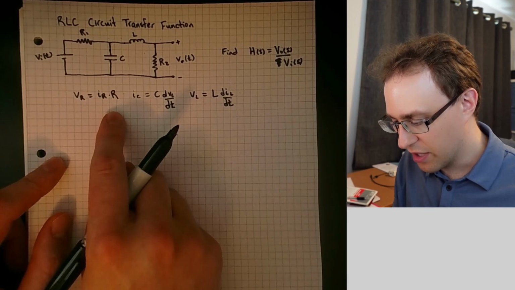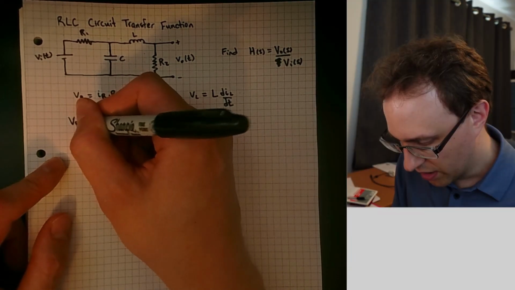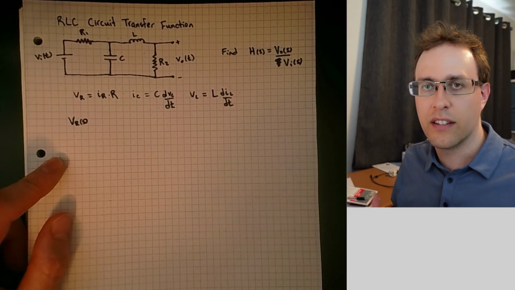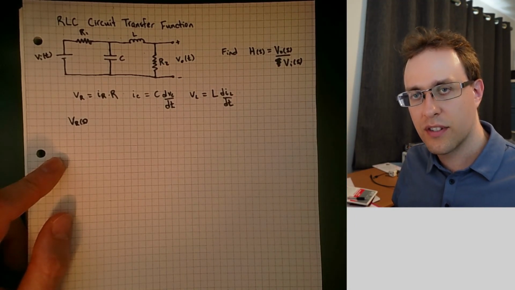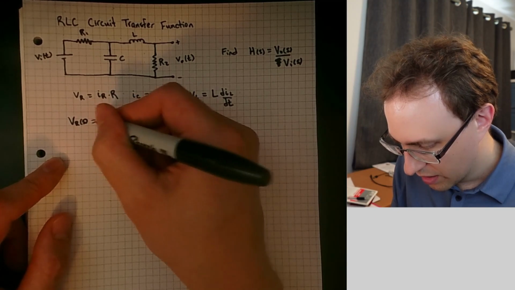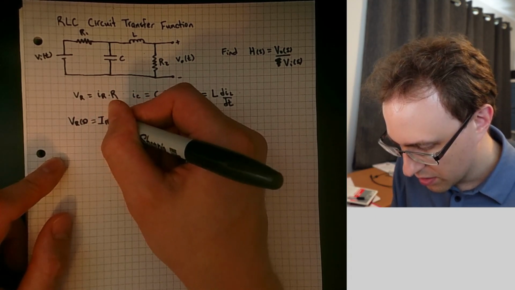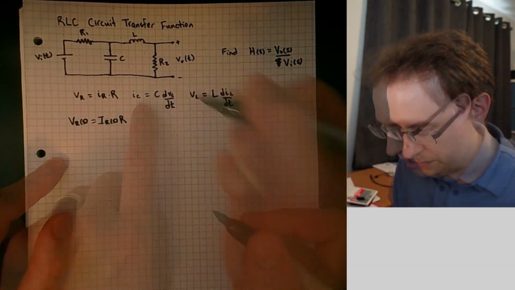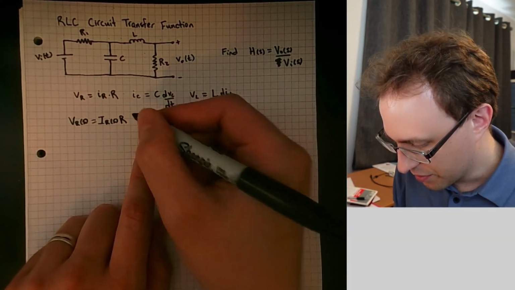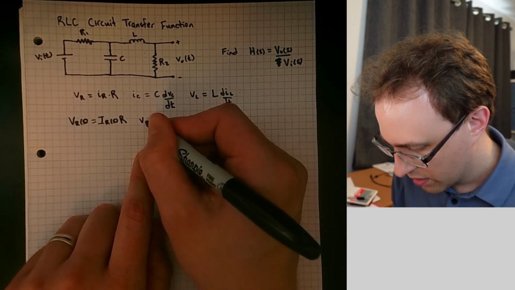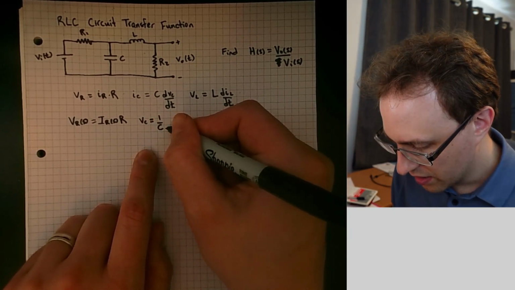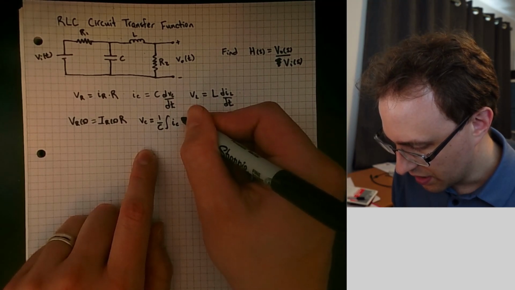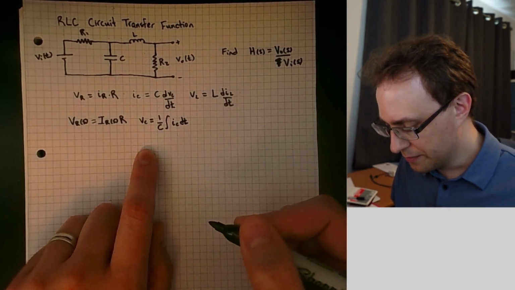This first expression here, we will just get V_R uppercase of s. So our convention is to use lowercase letters in the time domain and uppercase letters in the Laplace domain. That's going to be equal to I_R of s times R. For the capacitor, if we rearrange this first, we will get V_C equal to 1 over C, then times the integral of I_C dt.